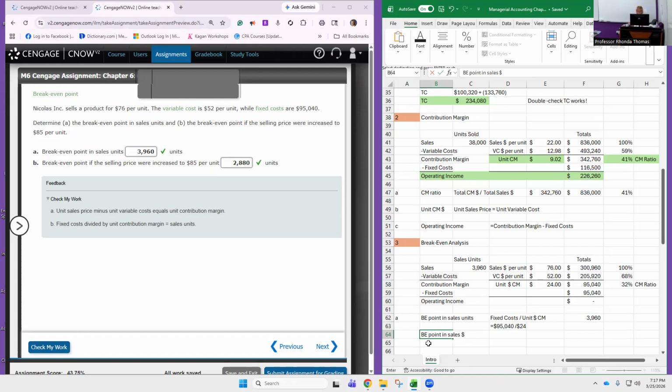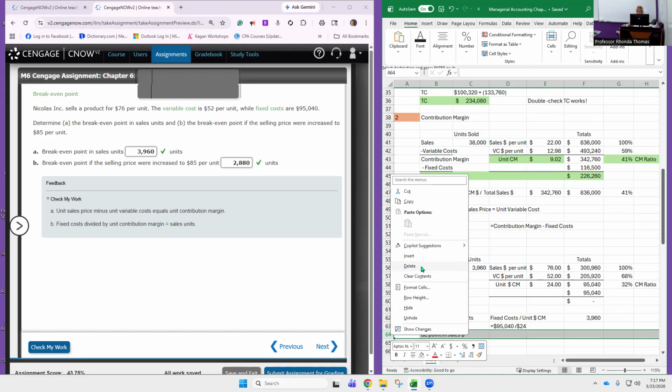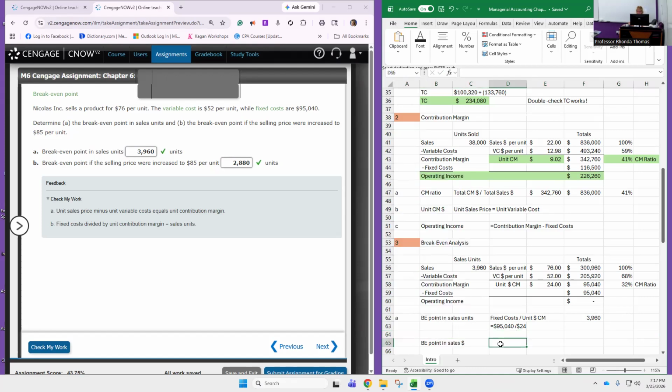The formula for that is to take the fixed costs divided by the contribution margin ratio, not this unit contribution margin, but the contribution margin ratio. So once again, fixed costs are the numerator divided by the contribution margin ratio. That's going to be a percentage.